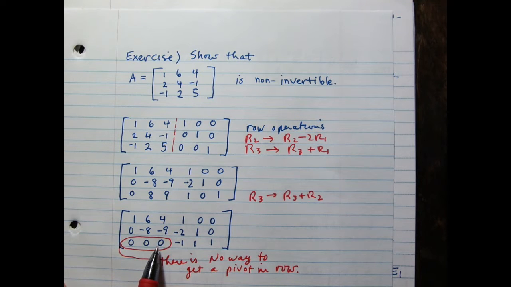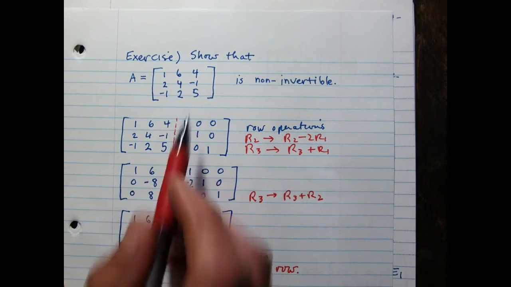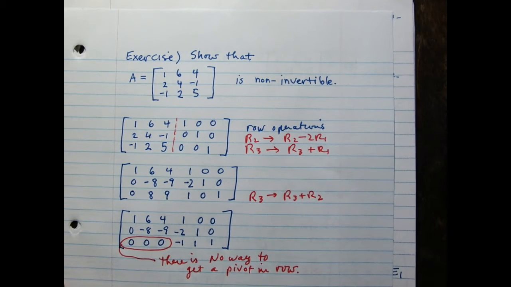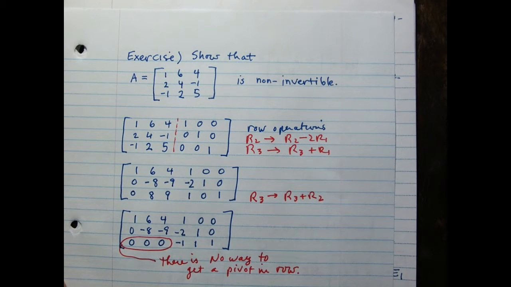So that's where I know that my A matrix is not going to reduce to the 3 by 3 identity matrix. It's just the row of zeros, by the way.